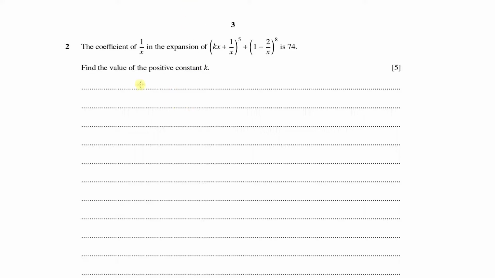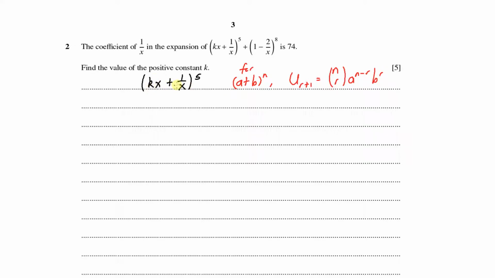So here, let's start with (kx plus 1 over x) to the power of 5. Now we know that the general term in the expansion of (a plus b) to the power of n is u sub r plus 1 is equal to n choose r, a to the n minus r, b to the r.